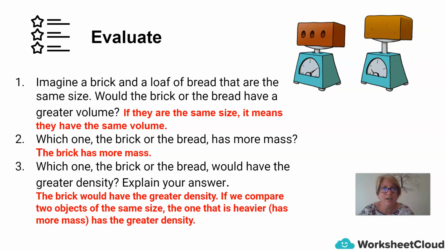Remember our equation? Density equals mass over volume. So in both cases, if the volume is the same, and we know that the mass of the brick is greater than the mass of the bread, then that means density equals mass over volume. The one with the highest mass will have the greater density.